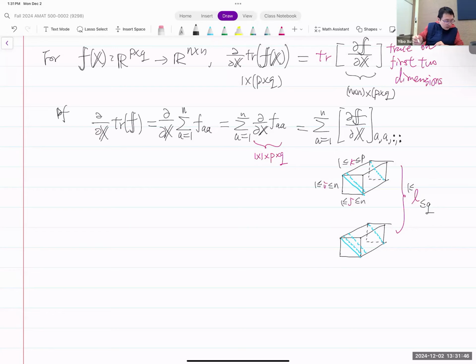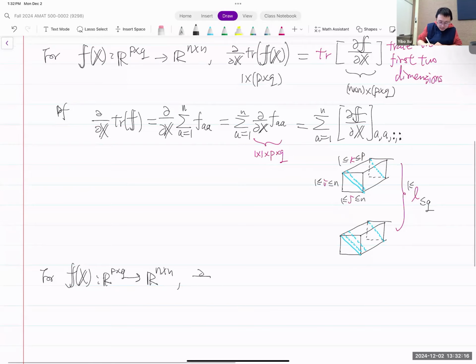This is a very good question. We have two more, and these are really highly related to the ones we have seen. So now the same condition: f of x maps from p by q matrices to n by n square matrices.